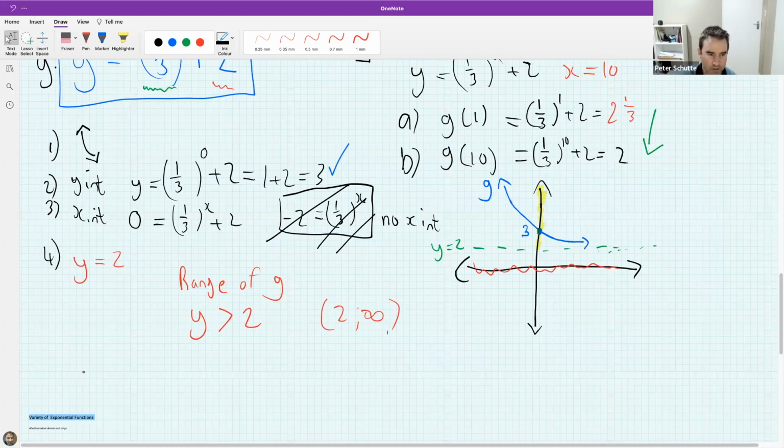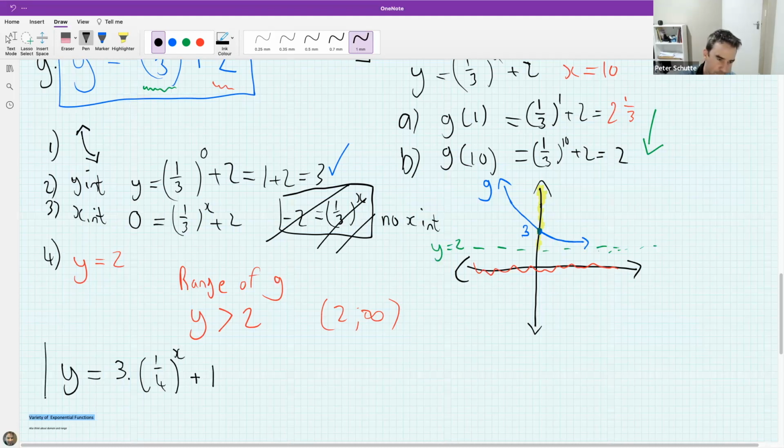Okay, now it's time for your turn to shine. So you are going to draw me the graph of, let's make it, 3 times a quarter to the power of x plus 1.